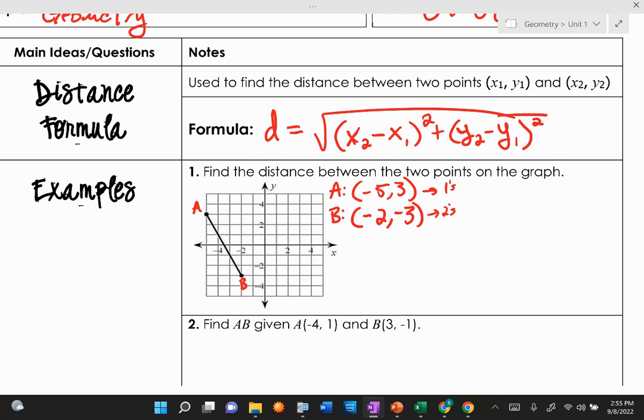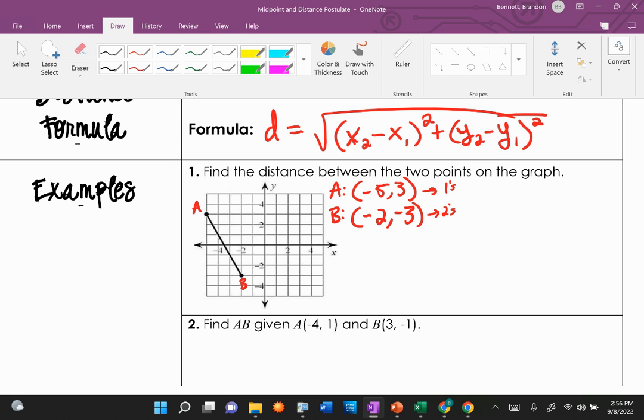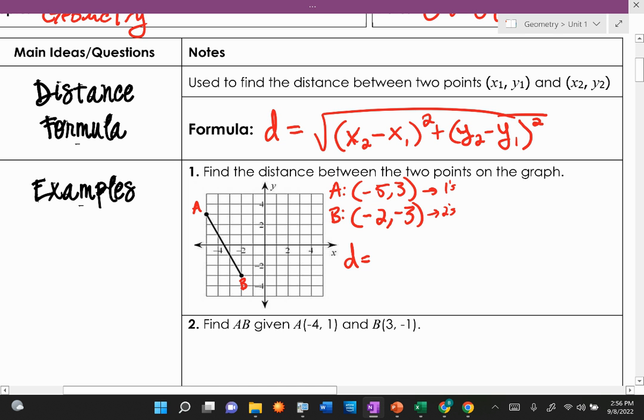So we've got D equals the square root of x2 minus x1. Which number is going to be x2? Negative 2. For this first problem, let's all make negative 2 our x2.